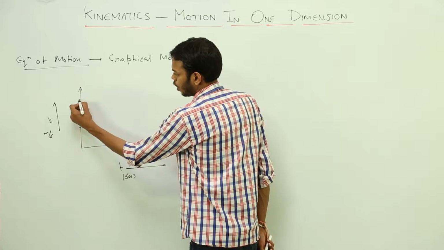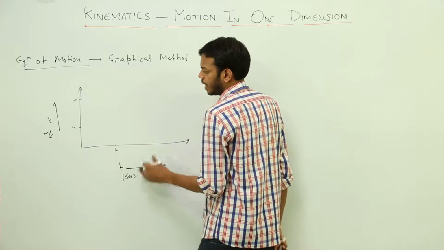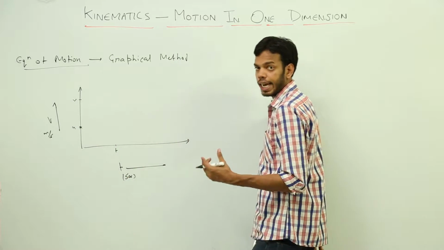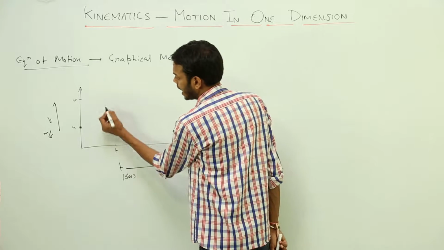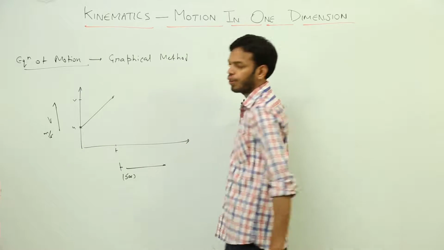So how would I depict this in the graph? At t equal to 0, this will be the mark, and at time t, it has the final velocity v. So this is how your graph would be.